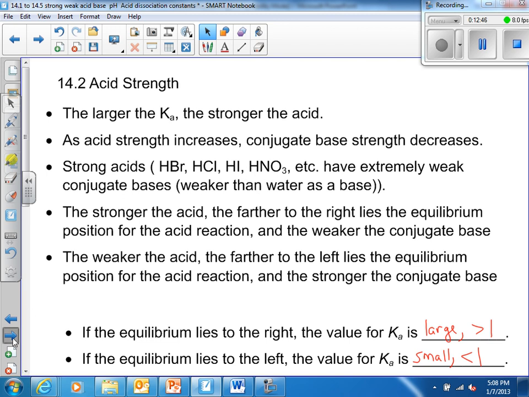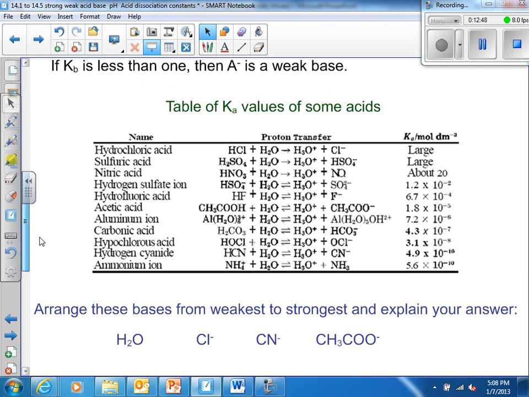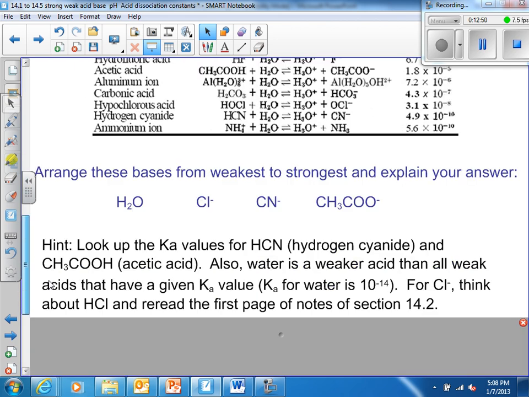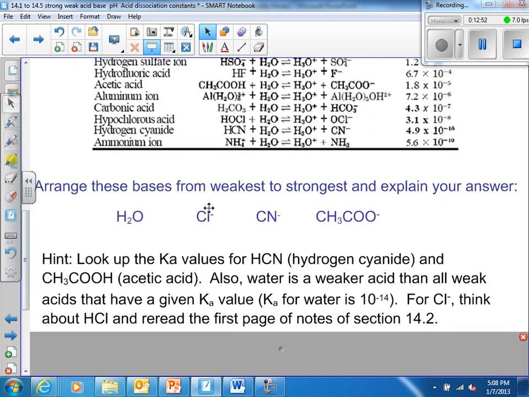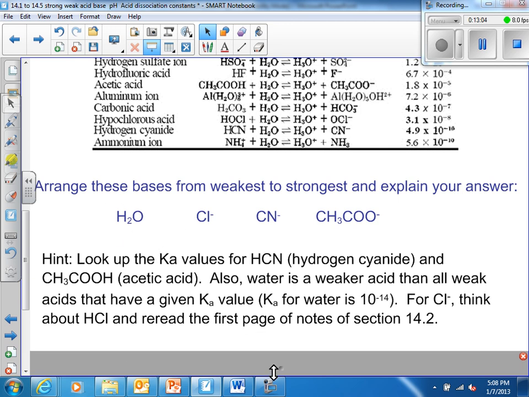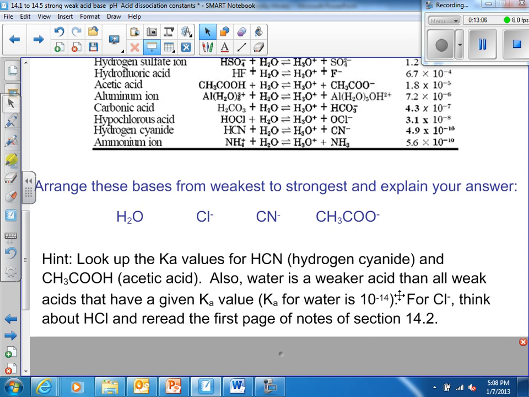Okay, well, that just answered one of our little questions over here. Here we go. You had your hint. Now, between Cl minus and H2O, Cl minus is the conjugate of HCl, so that means Cl minus is a weaker base than water. And by the way, the Ka for water, I gave that to you right here, 10 to the minus 14. So we can just compare all the Kas now.